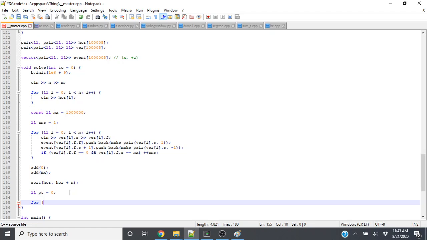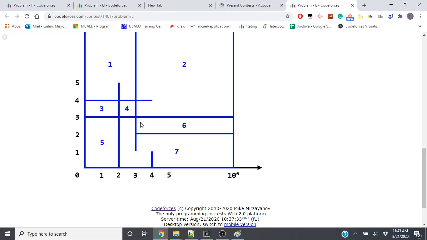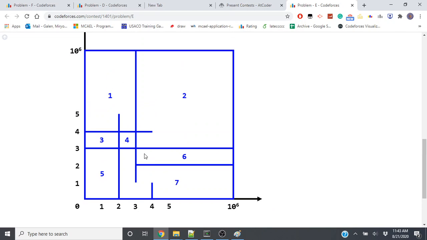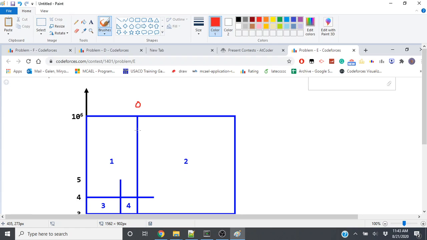Then what do we do? For LL i equals 0, i is less than n, i plus plus. While point is less than or equal to what we have here, for i dot first, while we want to apply the vertical segments that come before this and also after this, because right here we're going to have an event that says add 1 to this x position, and up here above this, we're going to have an event that says subtract 1.